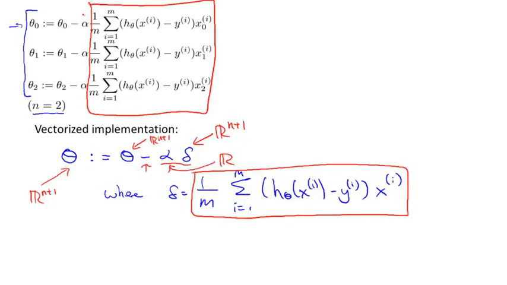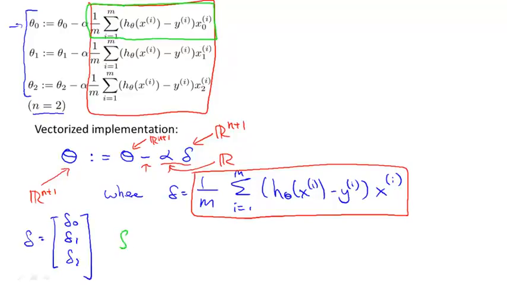Concretely, delta will be an n plus 1 dimensional vector, and the very first element of the vector delta is going to be equal to that. So if we index it from 0, it's delta 0, delta 1, delta 2, and what I want is that delta 0 is equal to this first box in green up above.